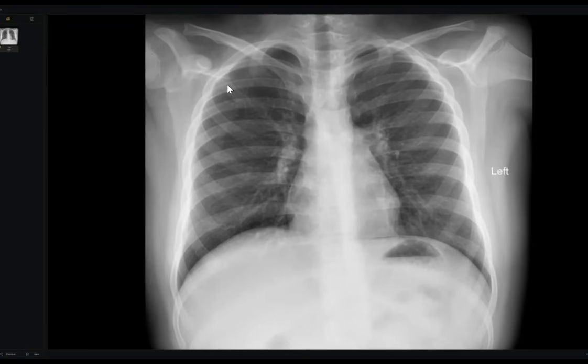There is no evidence of any pneumothorax, and there is no evidence of subcutaneous emphysema. The acromioclavicular joints are normal, humeral heads are normal. So, sir, I'm not able to identify any other abnormality.